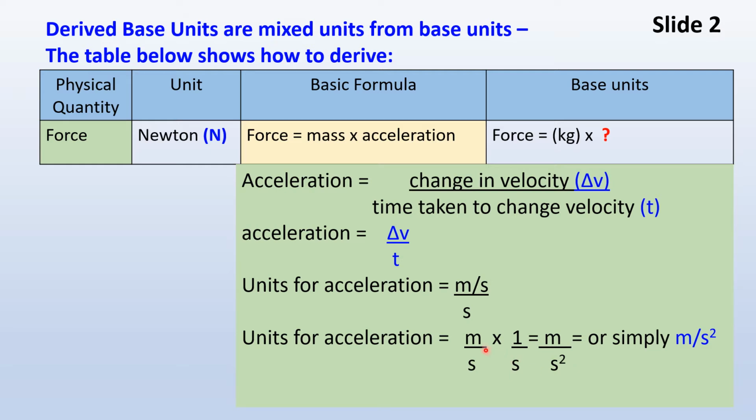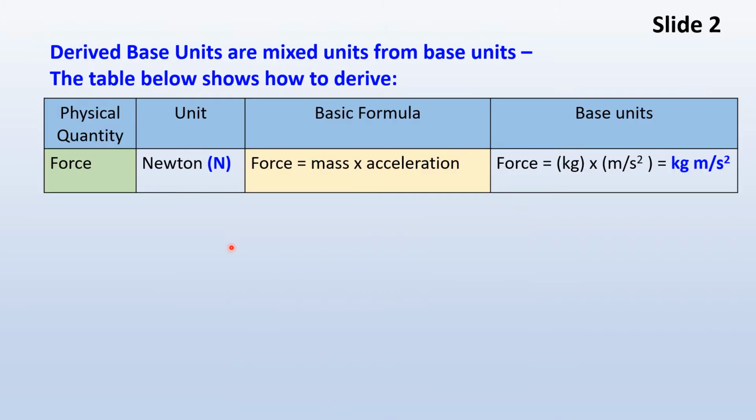Now I'm going to multiply. m times 1 is m, s times s is s squared, or simply meters per second squared. The unit for acceleration is meters per second squared. Now to complete this row for force, the base units are kilograms times meter per second squared.